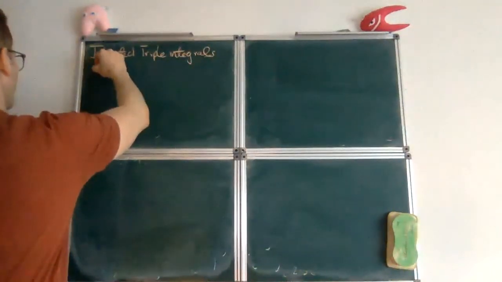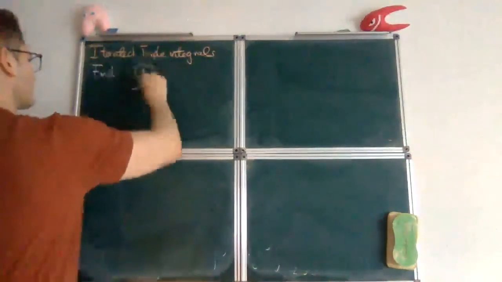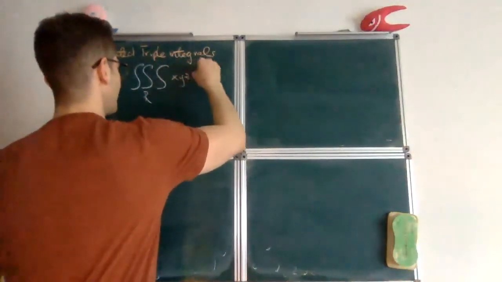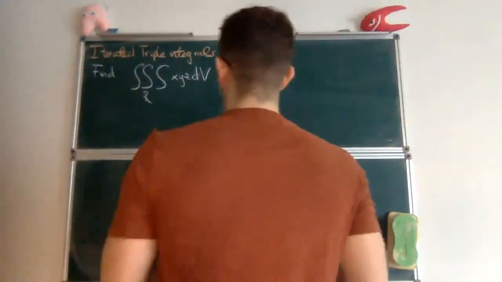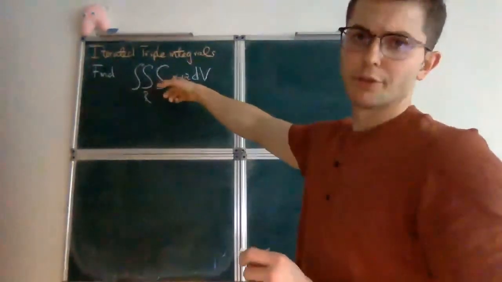Say that you want to find this triple integral of the function xyz dV over a region R. So again, the point is that this is like a function w of 3 variables.